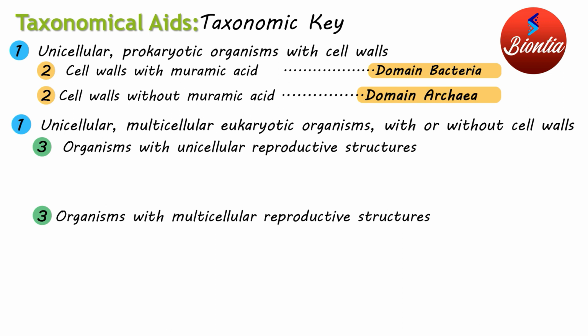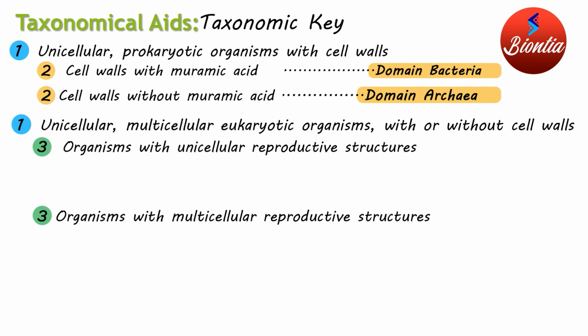So you can see clearly that we have two statements, and if this is applicable to his new specimen, he will select either of these, not both. These two statements are the couplet, and each one of them is a lead.